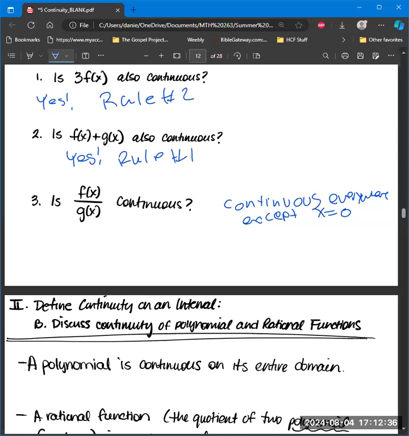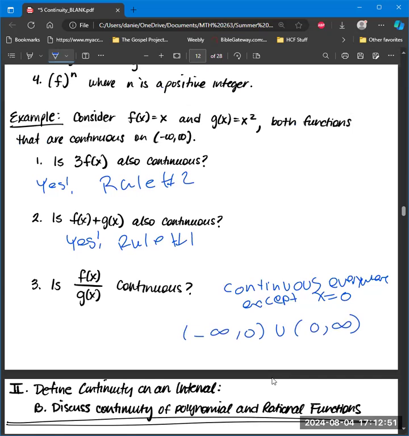So we'll say that it's continuous from negative infinity to 0, union 0 to infinity. And we'll express our interval of continuity in interval notation here.